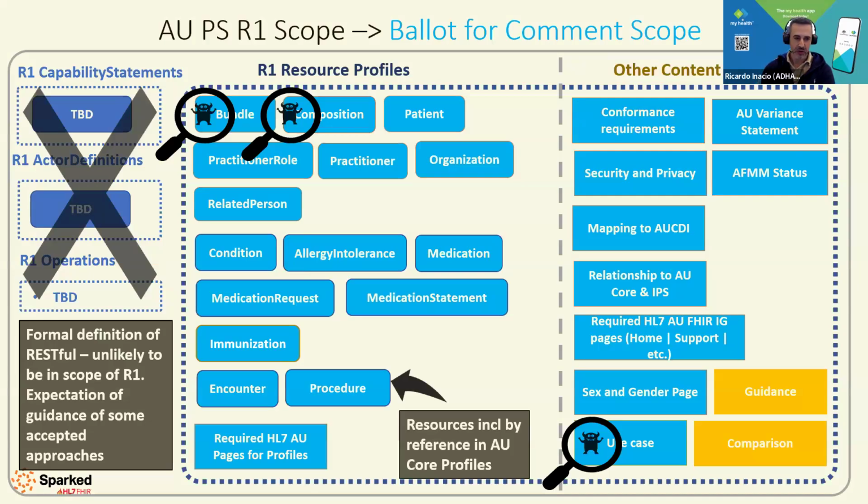Just a reminder, and you would have seen this slide a few times previously, of what's currently proposed to be in scope for the Australian Patient Summary release 1. As I've mentioned previously, we will focus today on doing a bit of a walkthrough of the bundle and composition.